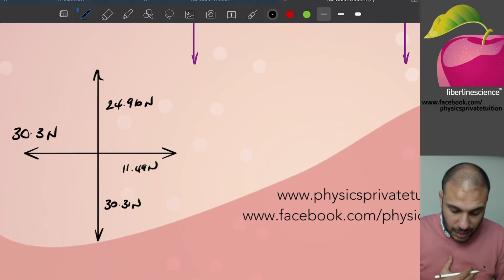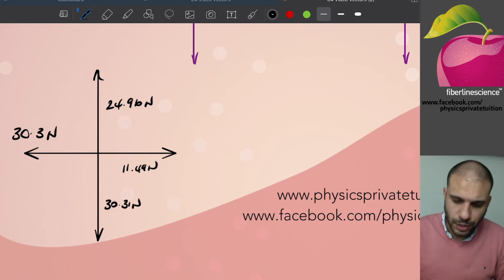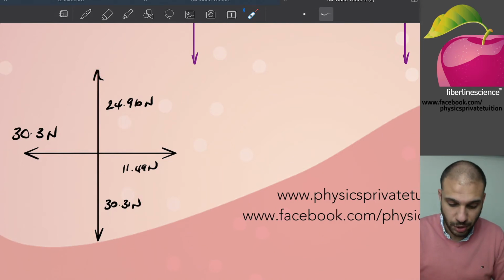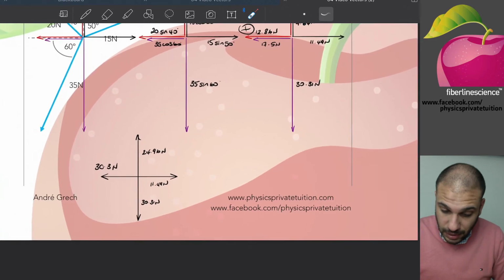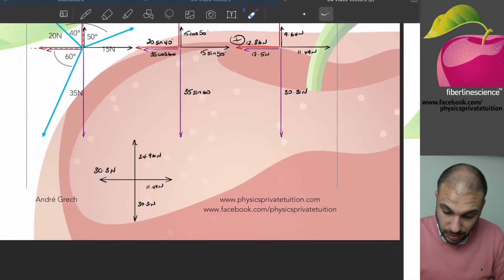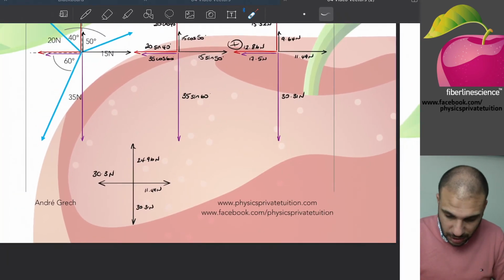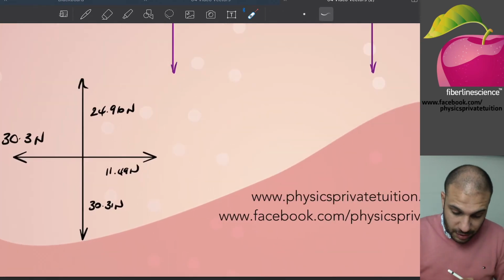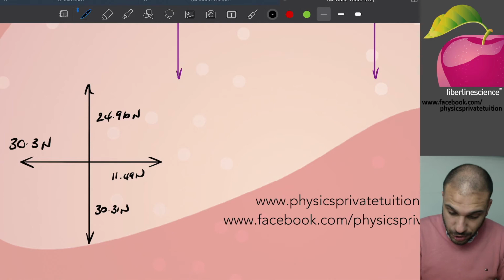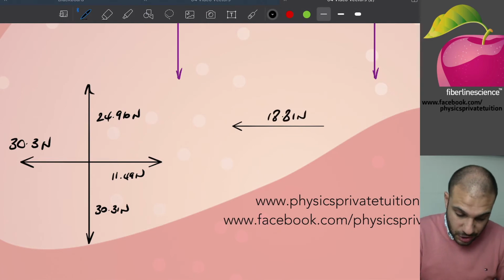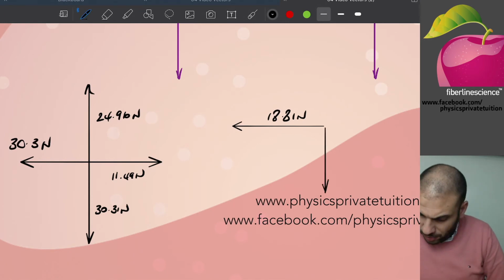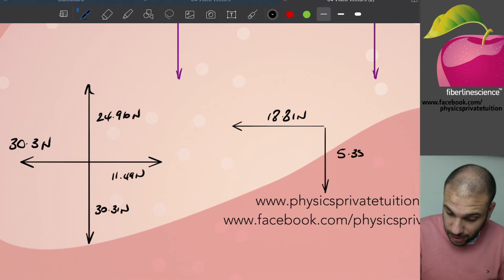So, what I'm doing is just subtracting now, okay? The 30.3 newtons, we subtract from it the 11.49, and that gives 18.81. Along the vertical, force up minus force down gives a resultant force downwards: we have 30.31 downwards minus 24.96 upwards, and that comes to 5.35 newtons.